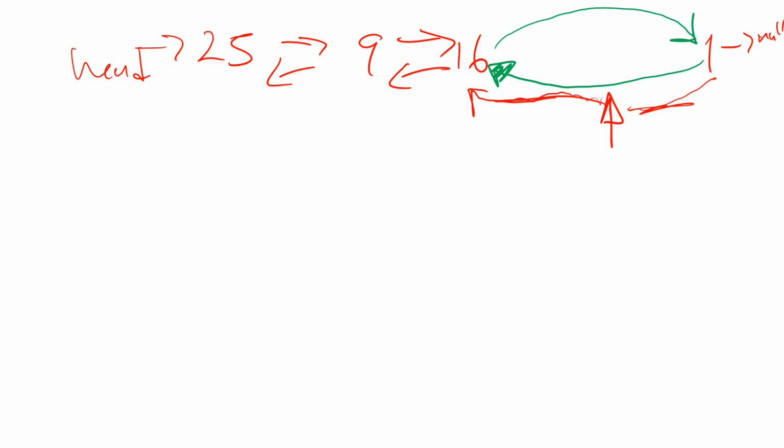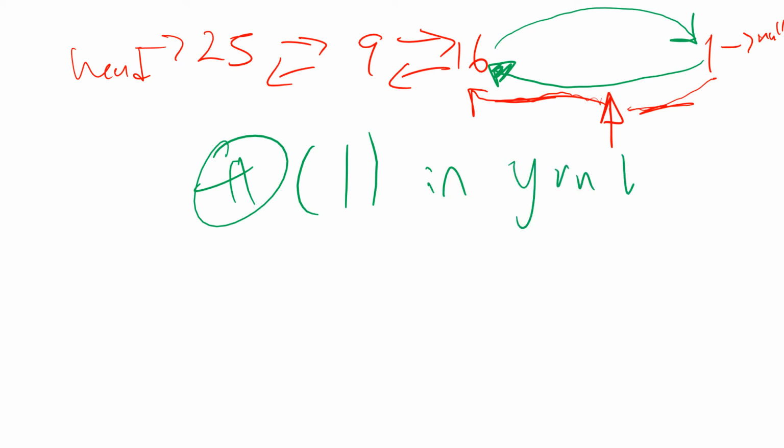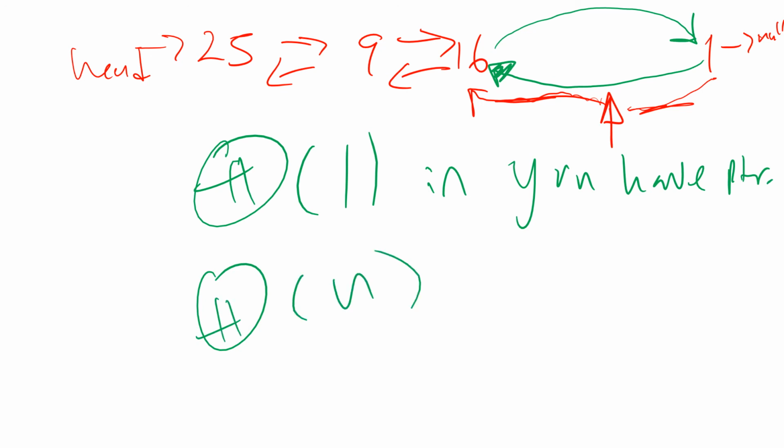It was that simple. So theta 1, if you know the pointer, right? If not, you're going to have to search for it, which is worst case linear, right? Search for it or look up.